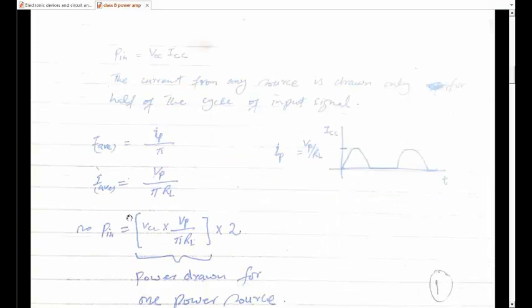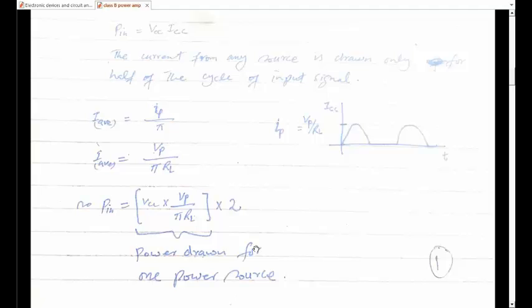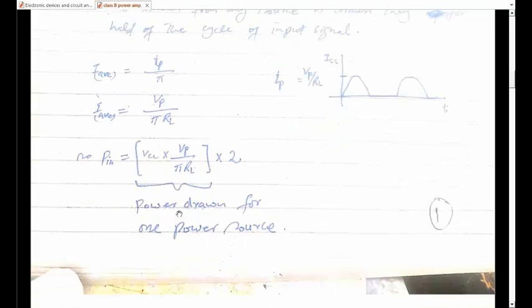Once we have the average value of the current, we can plug the value here. We will get power equal to VCC into this, and then multiply by 2 to calculate the power drawn from both sources. This power is drawn from one source, and multiplying it by 2, we get power drawn from both sources.